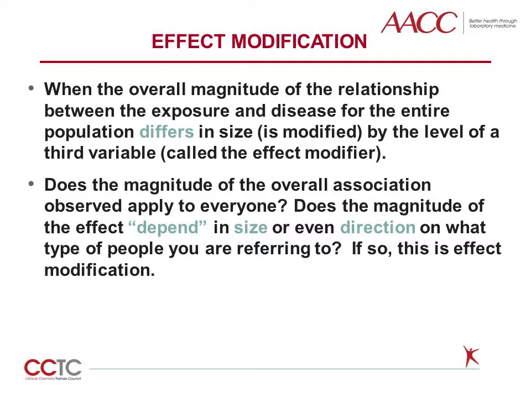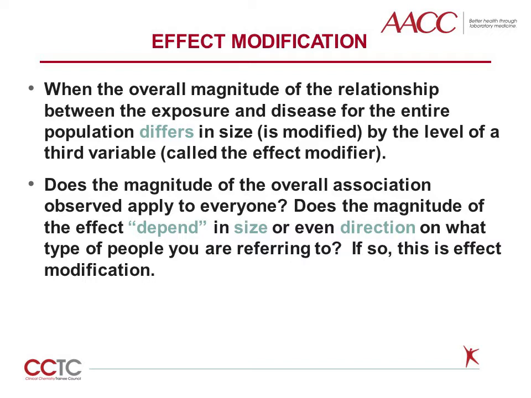When the overall magnitude of the relationship between the exposure and the disease for the entire population, that overall adjusted value, is modified by, differs in size by the level of a third variable, like age, that is called the effect modifier.